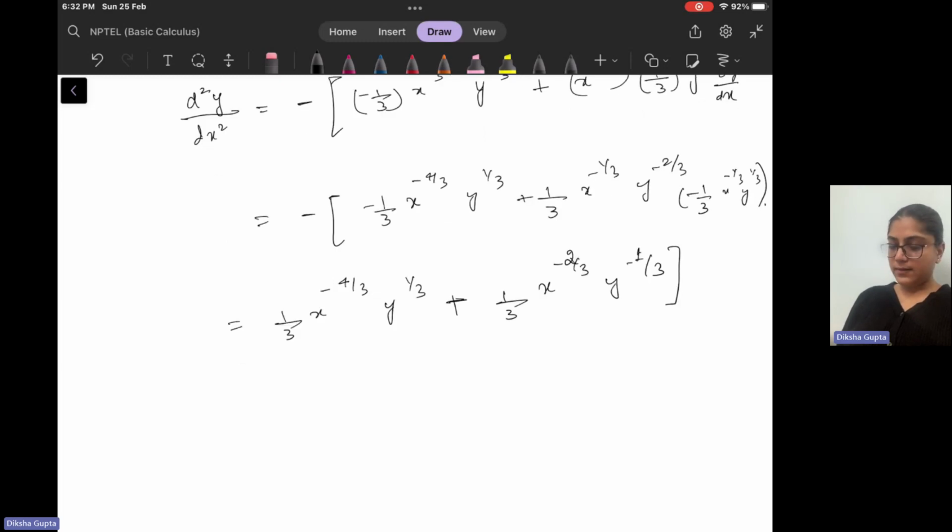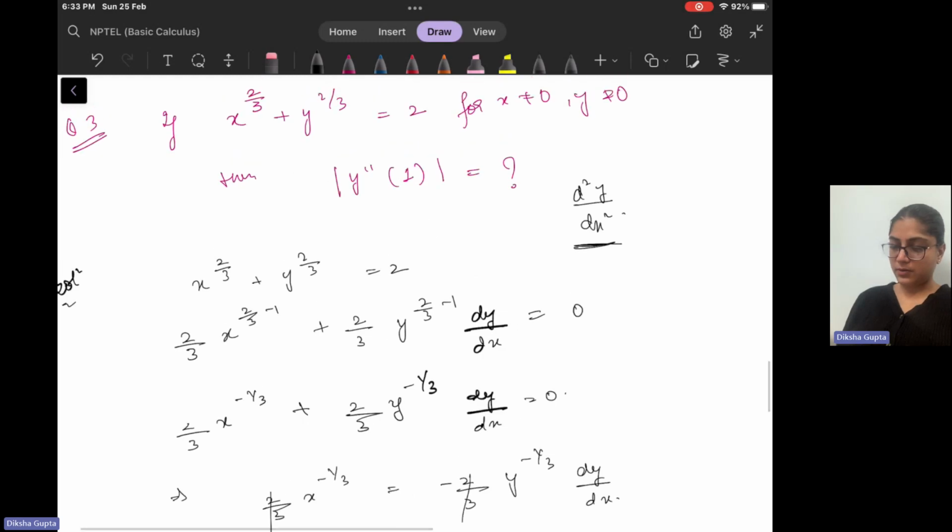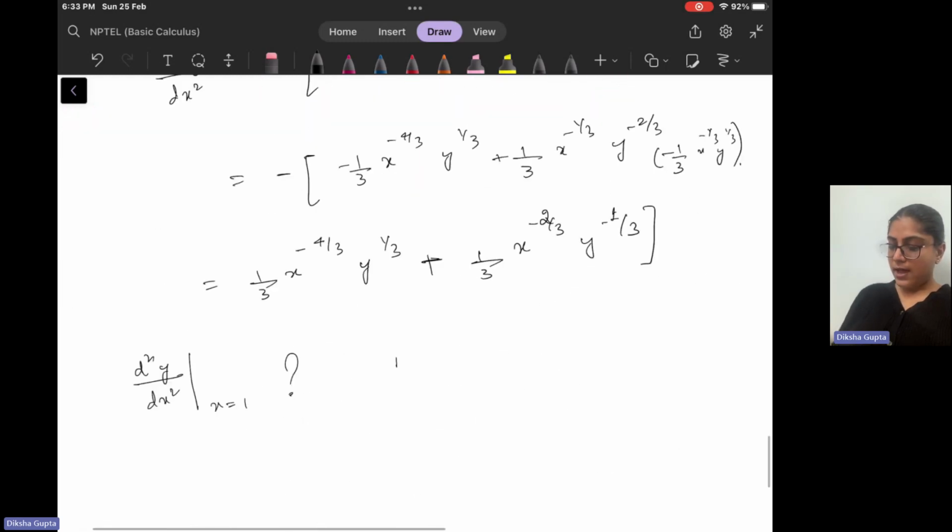Now you have to find the double derivative of y with respect to x at the point 1. Now see, when you have been given a relation between x and y, at point 1, what is the relation? x^(2/3) plus y^(2/3) should be satisfied at all times.